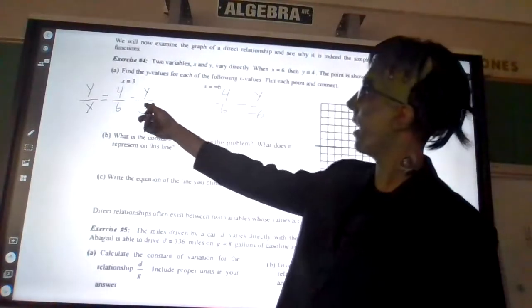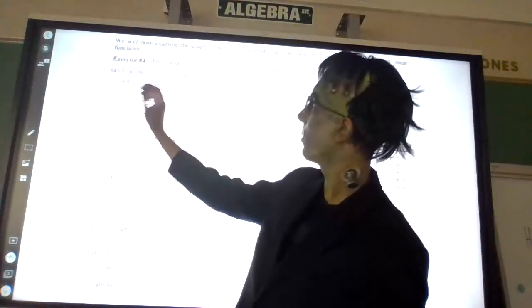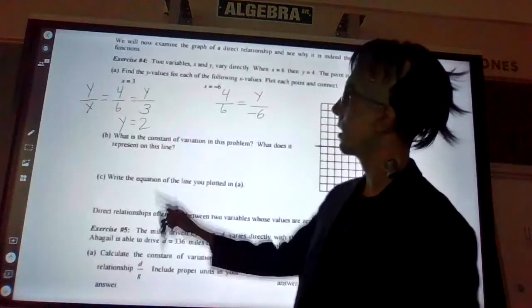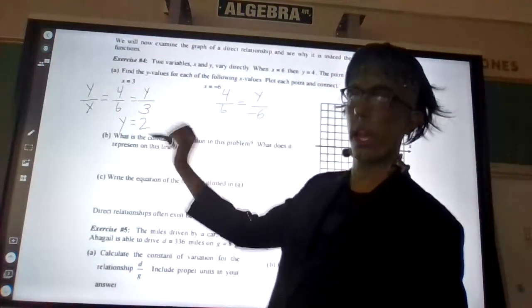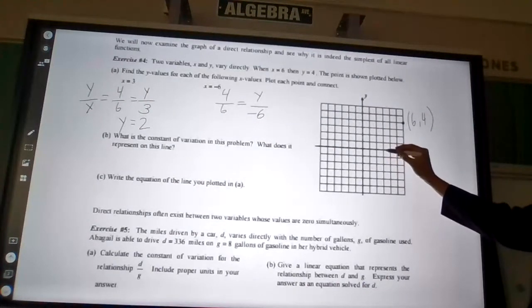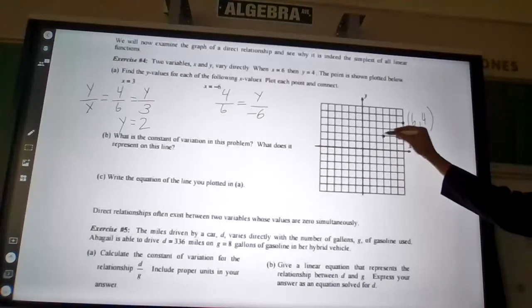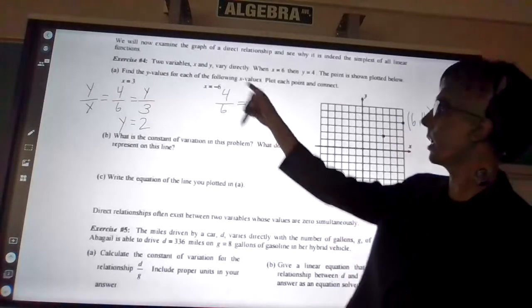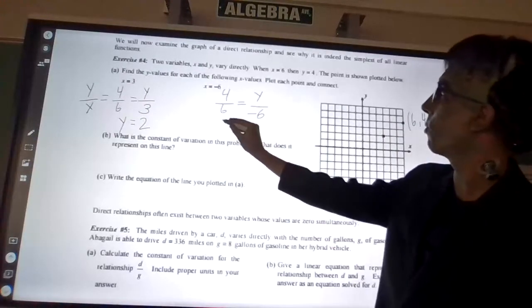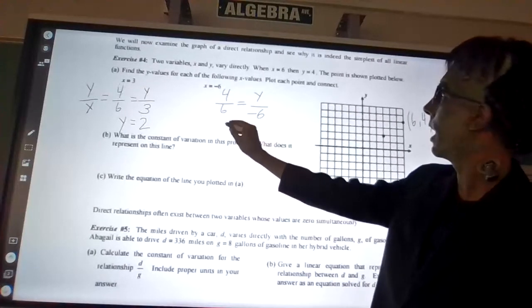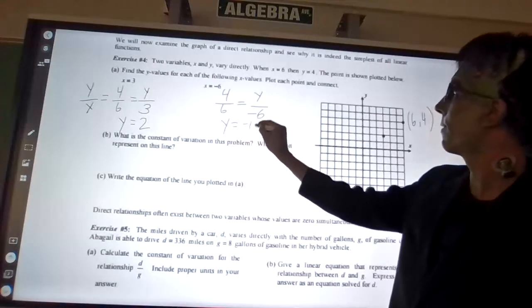All right, so when I solve this over here, a quick cross multiply, I get y equals 2. So when y is 2, x was 3. So there's my point, 3, 2. X is 3, y is 2. Same thing here when I cross multiply and solve for y. I get y equals negative 4.